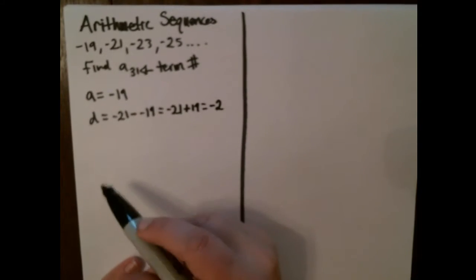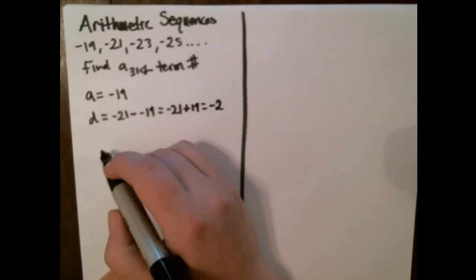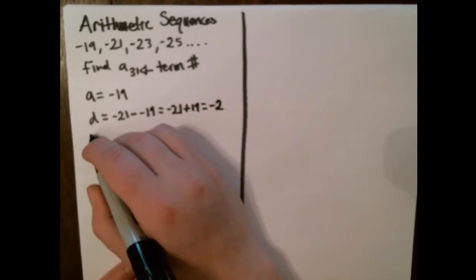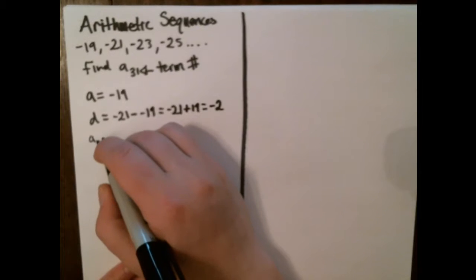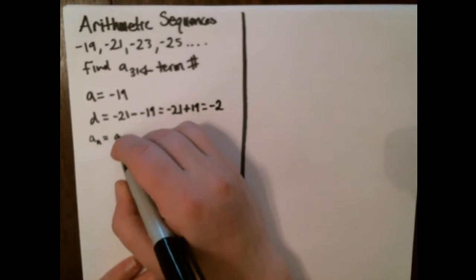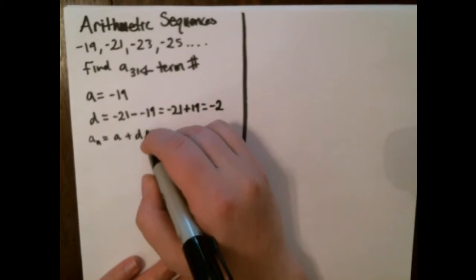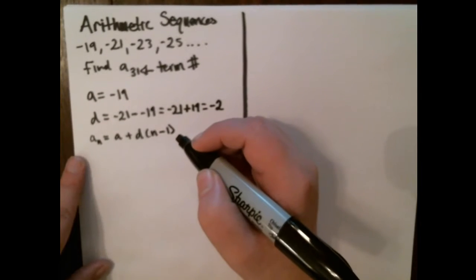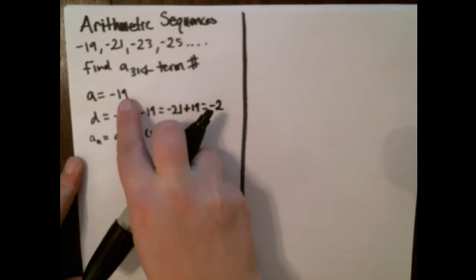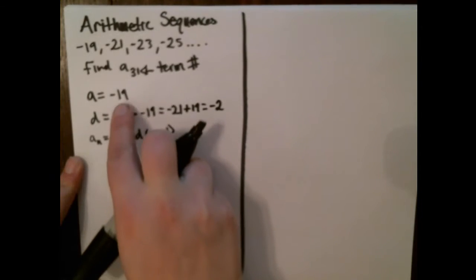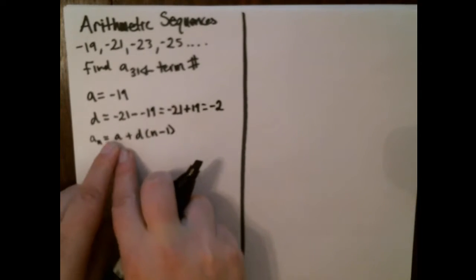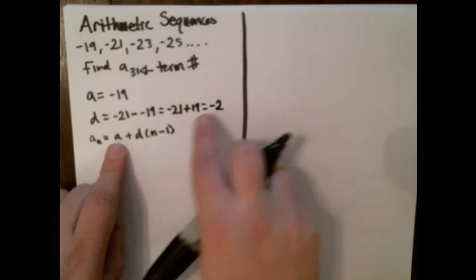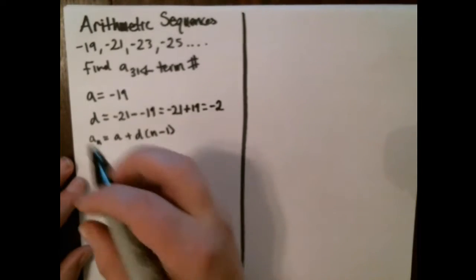Then I'm going to find my sequence, the explicit formula. A sub n equals A plus D times n minus 1. We use this formula every time. I'm just going to plug in. Everywhere it has just an A, it's going to become negative 19. Everywhere there's a D, it's going to be negative 2.